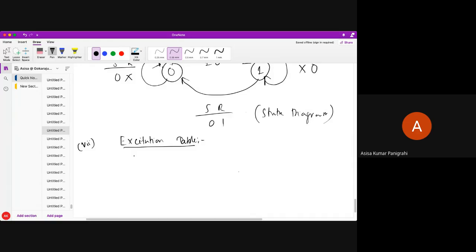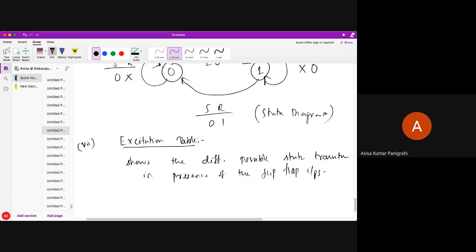It shows the different possible state transitions in presence of the flip-flop inputs. So do you all understand?